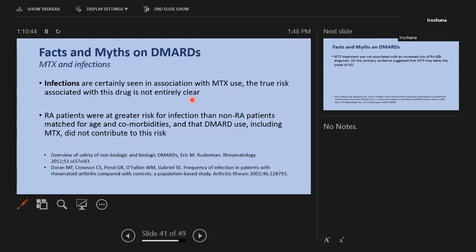So is methotrexate causing lung fibrosis as we think? But in rheumatoid arthritis, we do come across lung fibrosis. That is possibly because of the rheumatoid disease process rather than methotrexate.